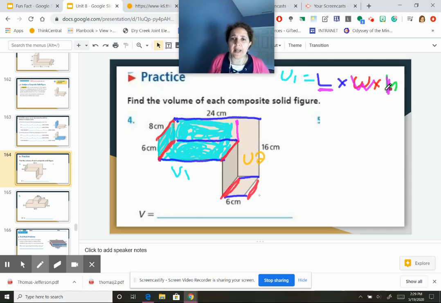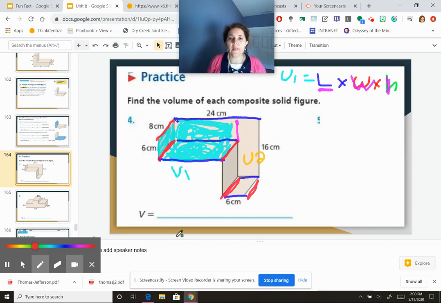Now we need to find my heights going up and down, and I'm going to do those green to keep the same color consistency. So I'm going to go to my green. Up and down.